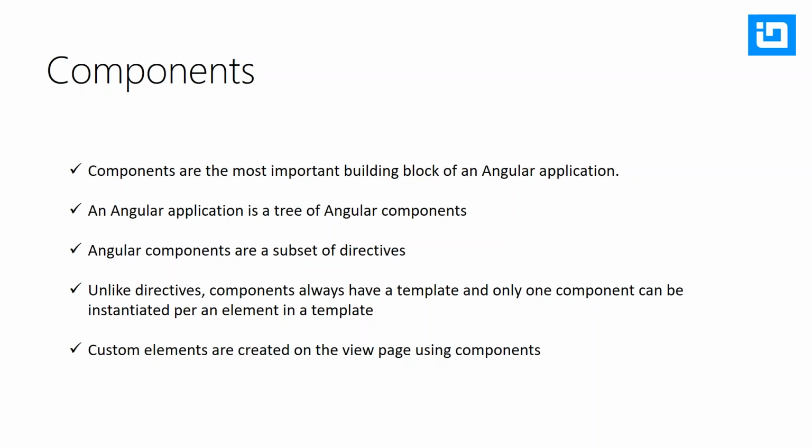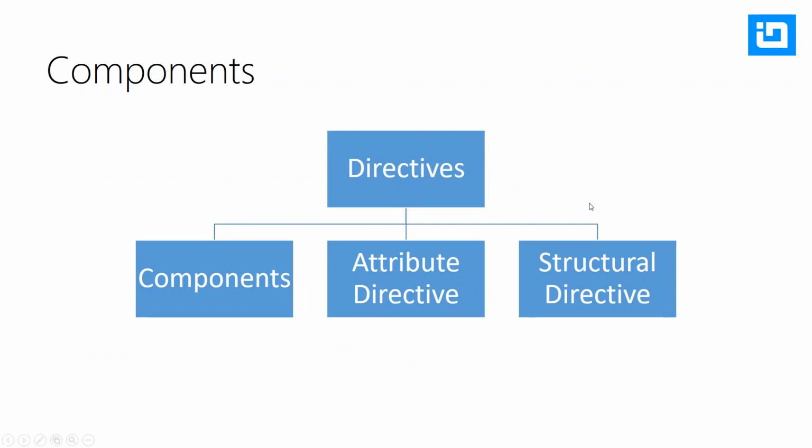Unlike directives, components always have a template, and only one component can be instantiated per element in a template. Custom elements are created on the view using components. Today we are going to create components, and then in the component we will be using Ignite UI charts to bring data visualization to our application. As you see, these are the types of directives: components, attribute directives, and structural directives.